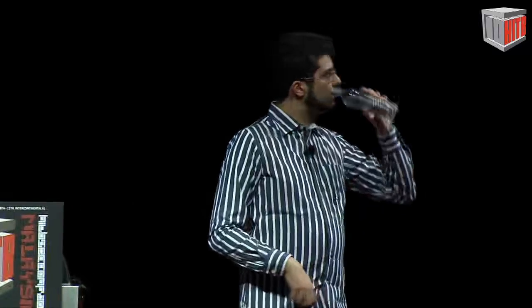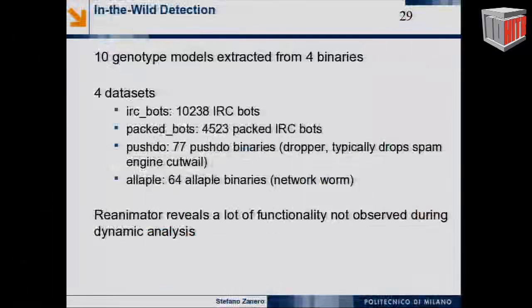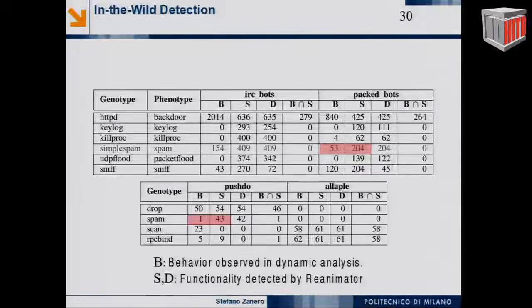Then the other question was, how well does this work if we try to figure out what behaviors are in the wild? We used 4 different data sets with thousands of samples. And basically, for some data sets, there are impressive results.